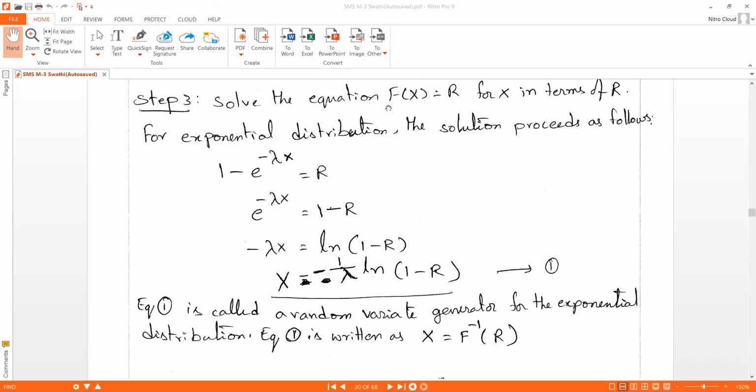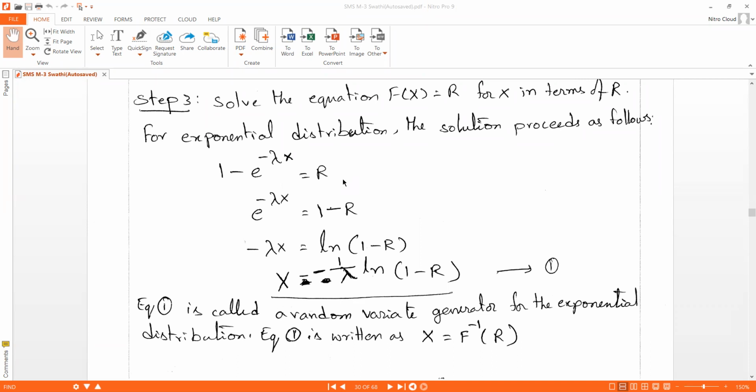For the exponential distribution, the solution proceeds like this. 1 minus e power minus lambda x is equal to r, since we have assigned F of x equal to r, and F of x is 1 minus e power minus lambda x. So we will be solving it now.